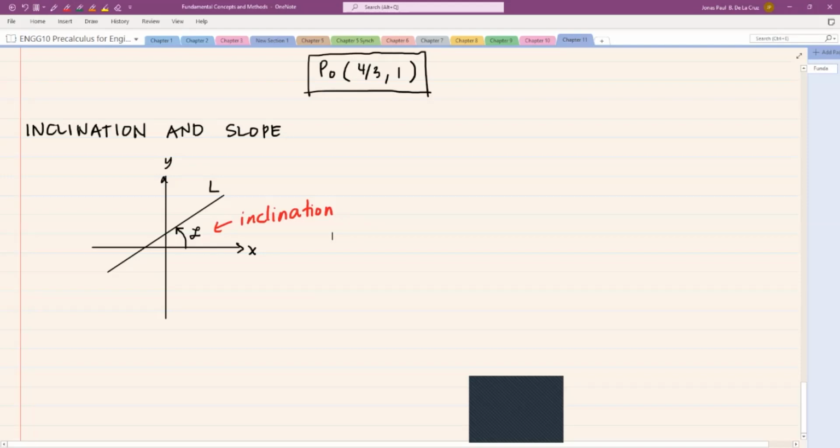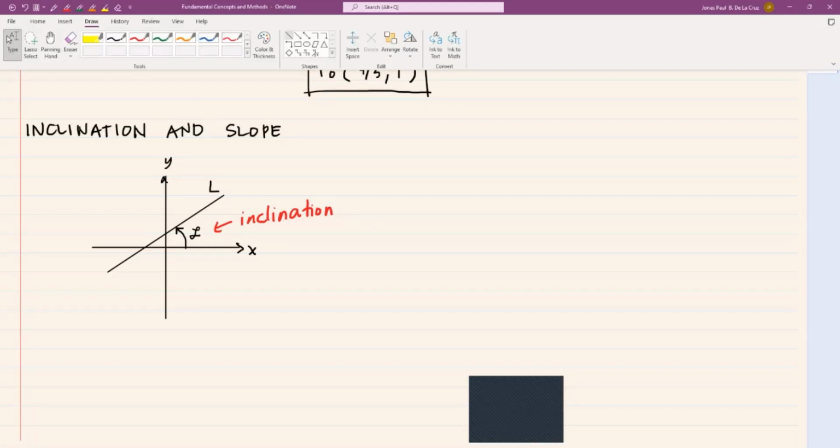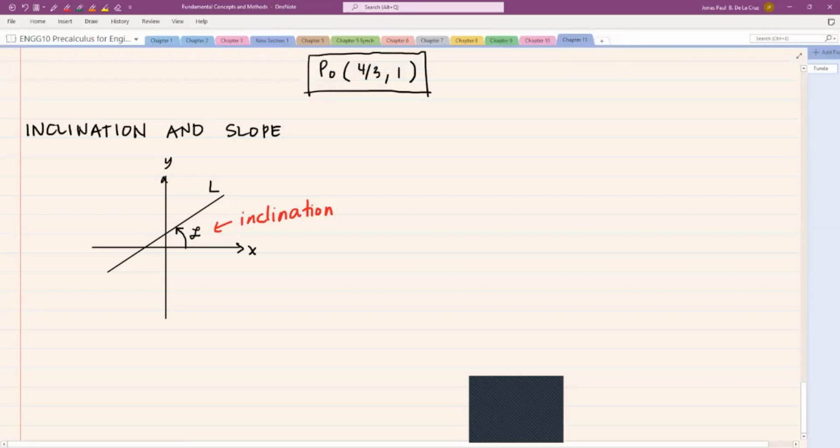So for example, the line can also go to the left. Suppose that's the X and Y coordinate, and our line is like this. The inclination is always measured from the positive X. So that is our inclination in that case, right? So the inclination is always between 0 and 180 degrees.